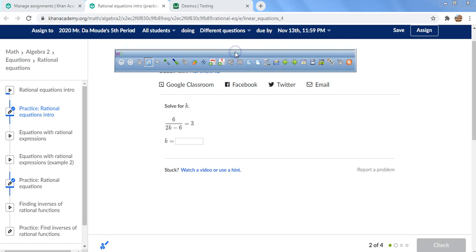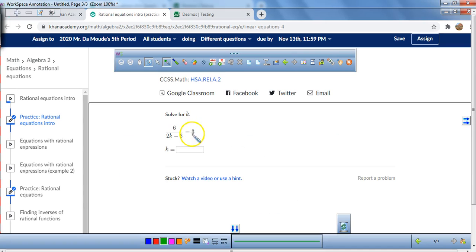Okay, here we go. 6 divided by 2k minus 6 equals 3 over 1. Let's put an equals 3 over 1. So I'm going to do some cross products. We have 3 times 2k minus 6 equals 6 times 1, which is 6.